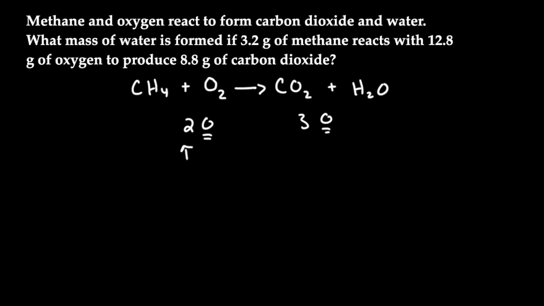I can put a 2 right here, and so I'll have four oxygens, because we have two of these molecules, and that's going to be four oxygen atoms. Over here I now have three oxygen atoms, so now I have to add more oxygen atoms to this side. I need to add just one more oxygen atom.